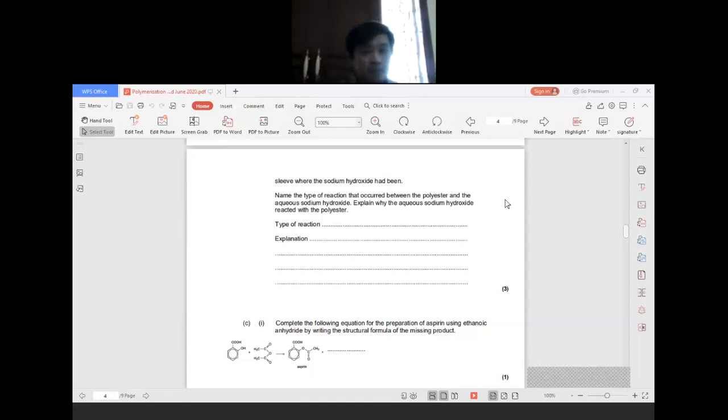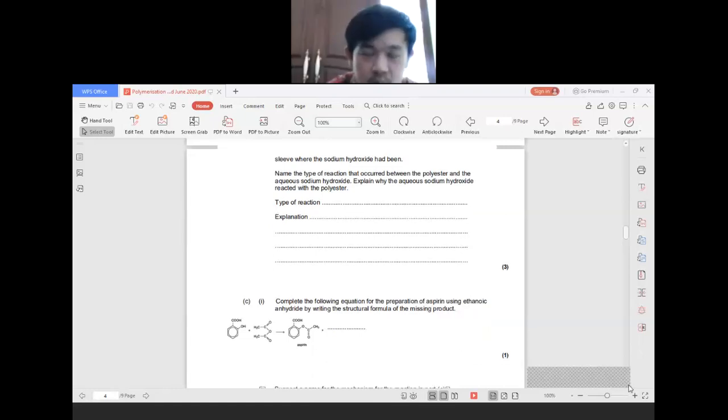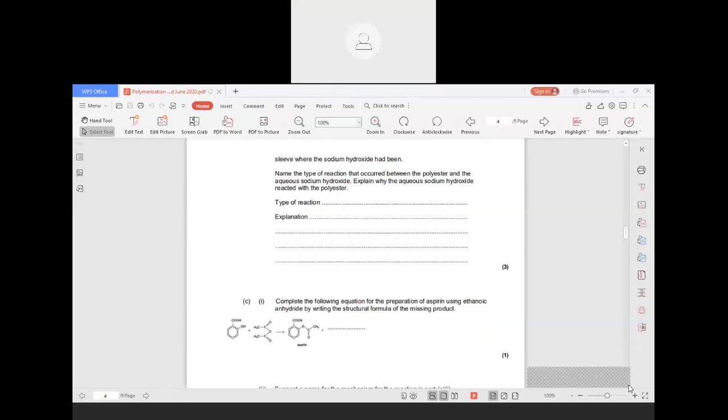The polyester. Let me get my little worksheet here. Okay. The ester reacts with water, so it returns into a carboxylic acid and alcohol.